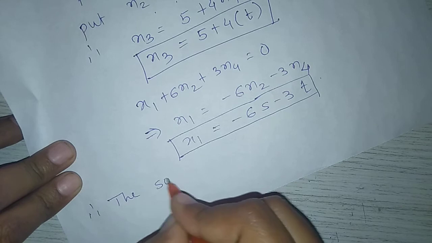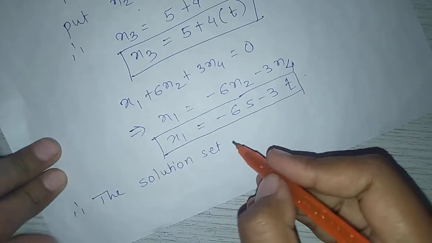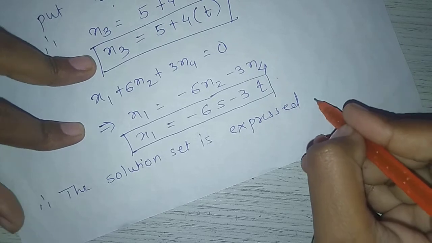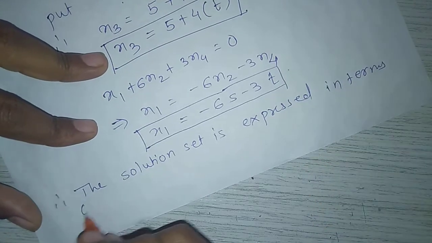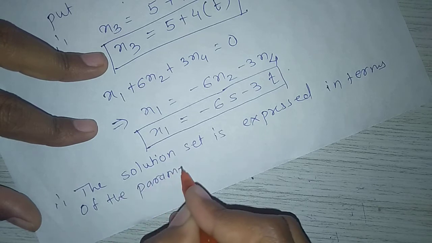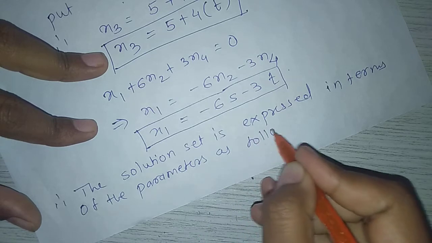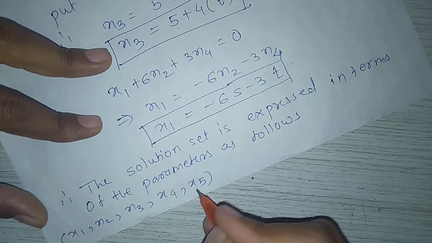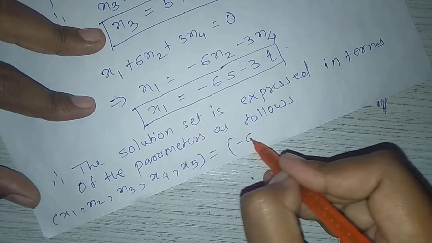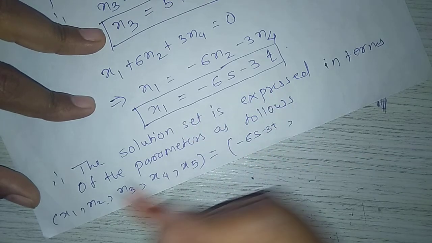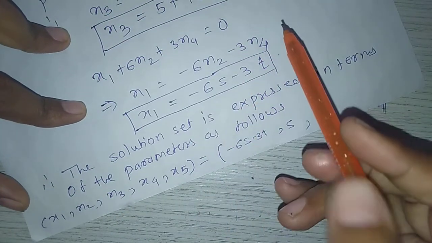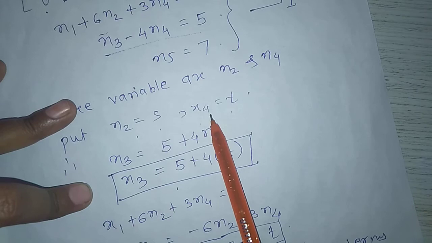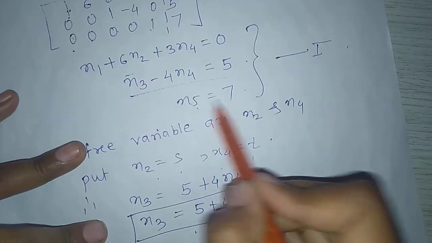Therefore, the solution set is expressed in terms of the parameters as follows: (x1, x2, x3, x4, x5) equal to x1 is minus 6s minus 3t, x2 is s, x3 is 5 plus 4t, x4 is t, and x5 is 7.